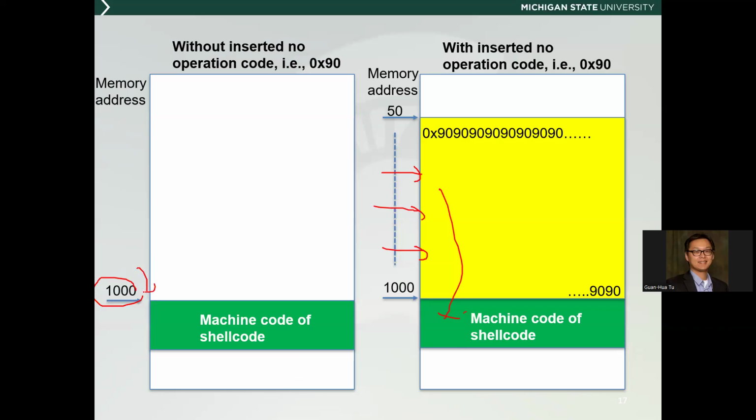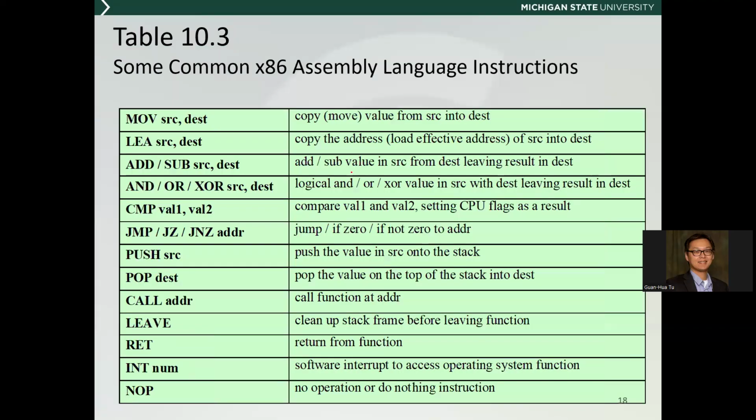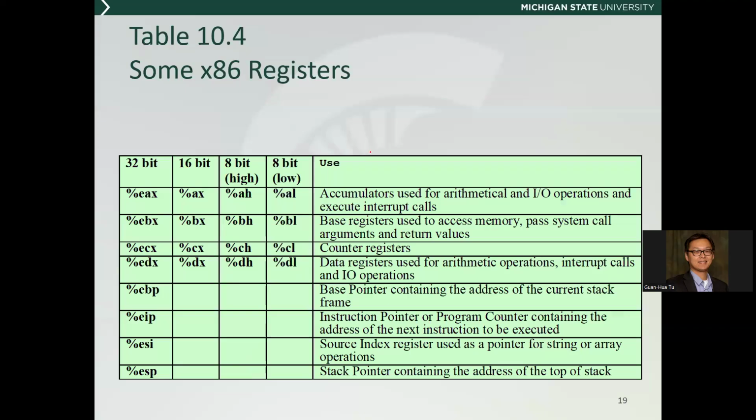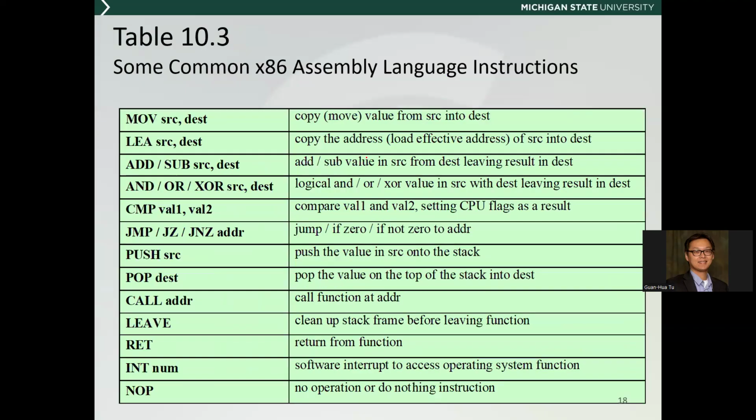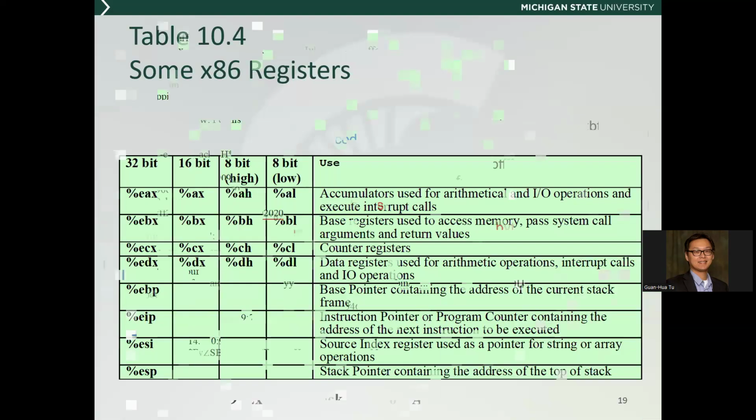Otherwise, your shell code will not be executed. These two slides are just for how we generate the assembly code and the machine code from the shell code. We can skip that.